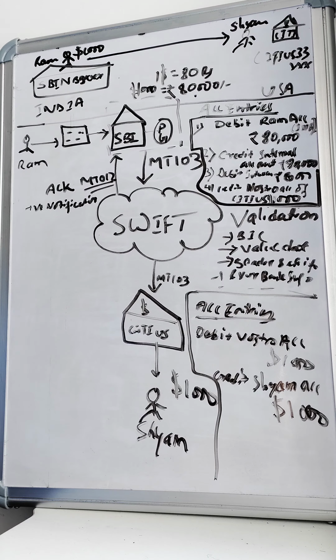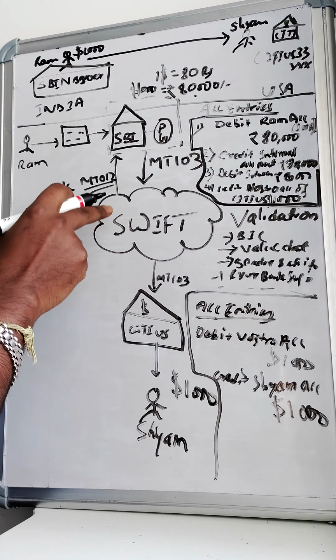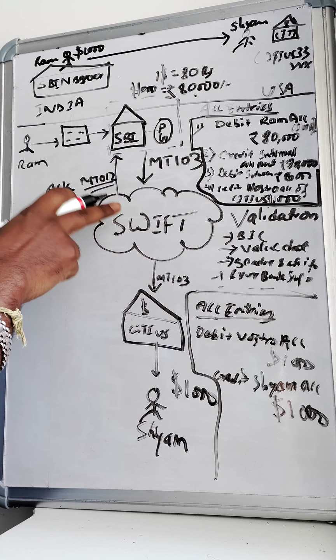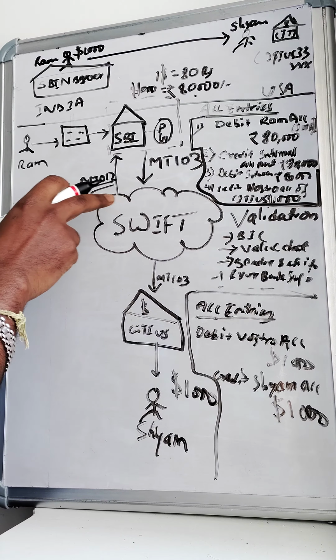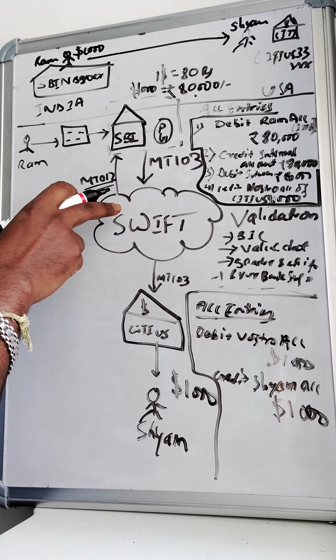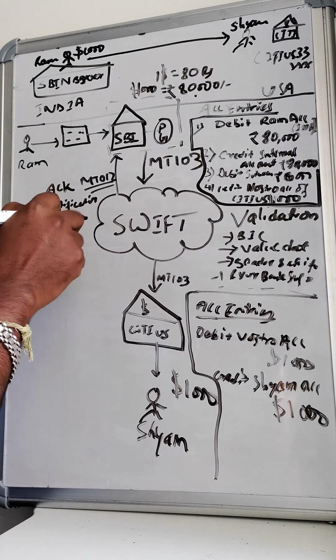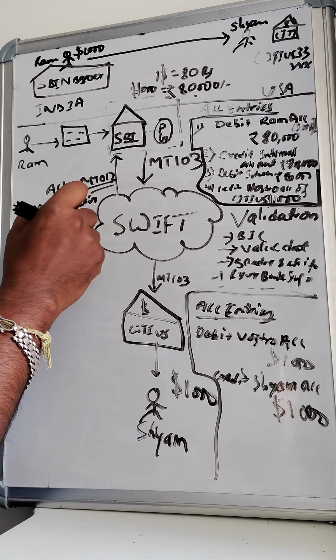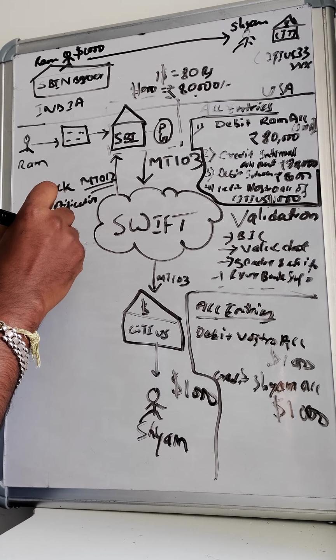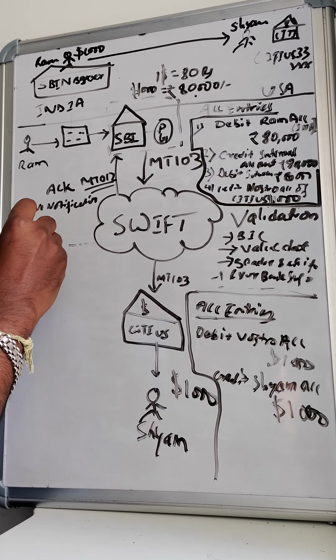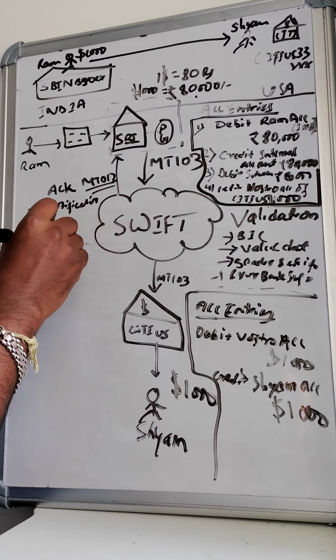So this is all about Swift's role and the ACK which it sends. And one more thing, if Swift doesn't find the message valid, let's say it has some issue with the value date or the BIC or something, then they will send a negative ACK, that is nothing but MT019.